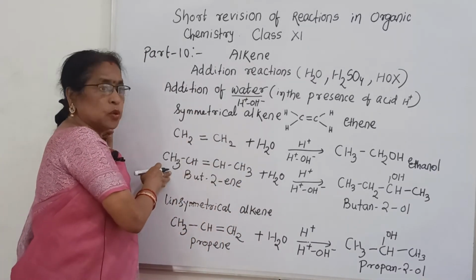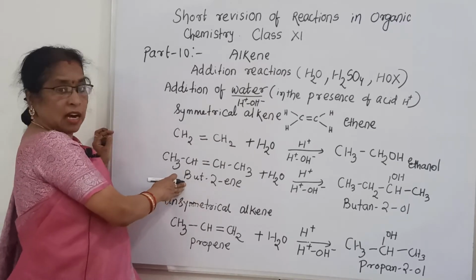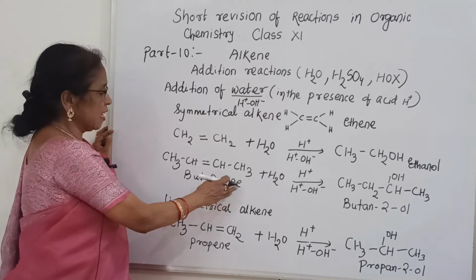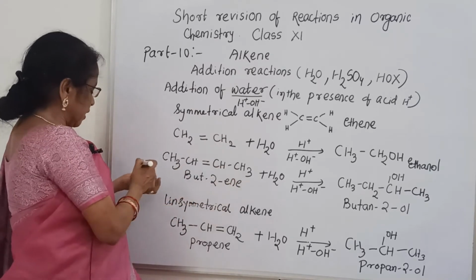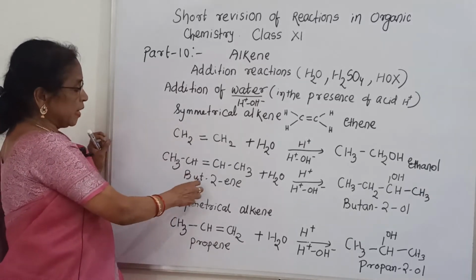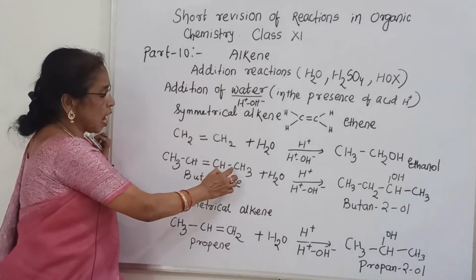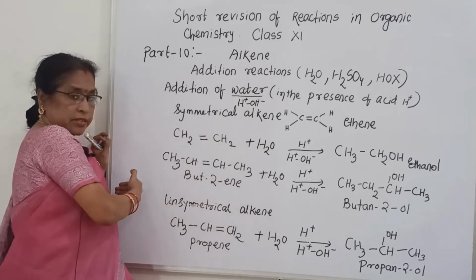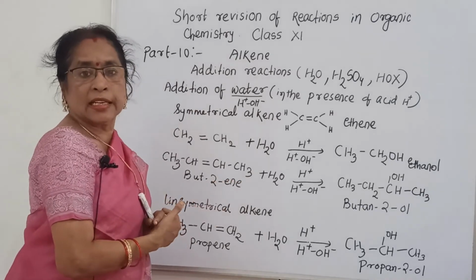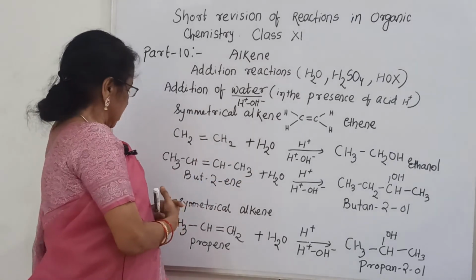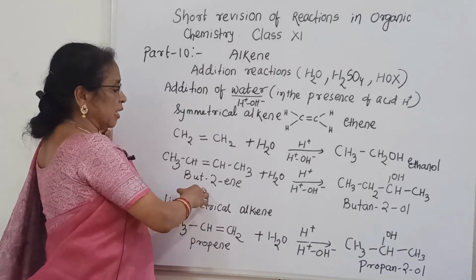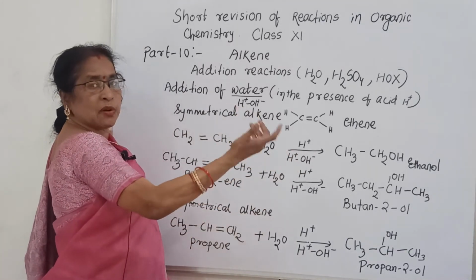And when you come to unsymmetrical, before that, one other symmetrical alkene, but-2-ene. See here? 1, 2. After 2 there is a double bond. So it is but-2-ene. That means the right side has 2 carbon 4 hydrogen, the left side 2 carbon 4 hydrogen. So it is a symmetrical alkene. Now in a symmetrical alkene, if you add water, then what happens?